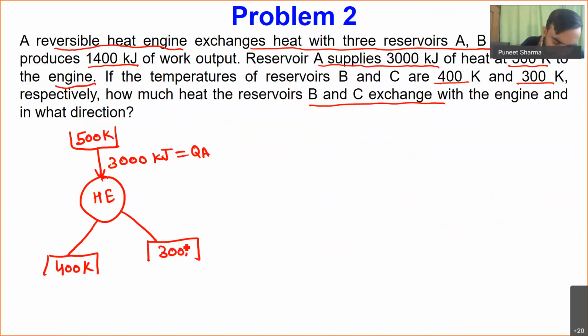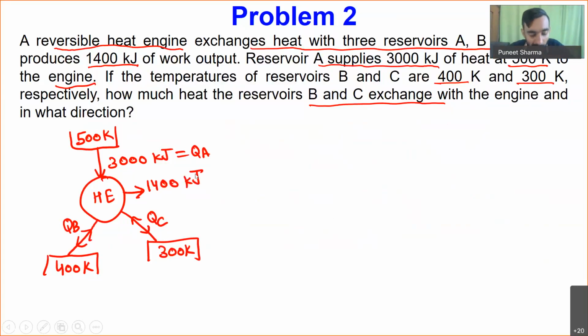With these two reservoirs, the transfer of heat can be in any direction, and this transfer of heat is represented as QB. Similarly, over here we don't know the direction, so let me call it QC. I am indicating arrows in both directions, since it can be towards the heat engine or from the heat engine, which we do not know. Also, it is given that this heat engine is producing 1400 kilojoule of work.